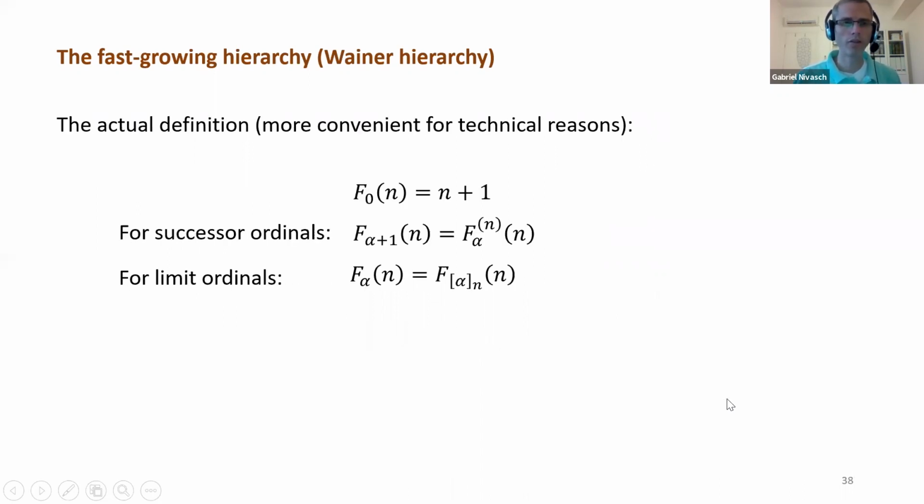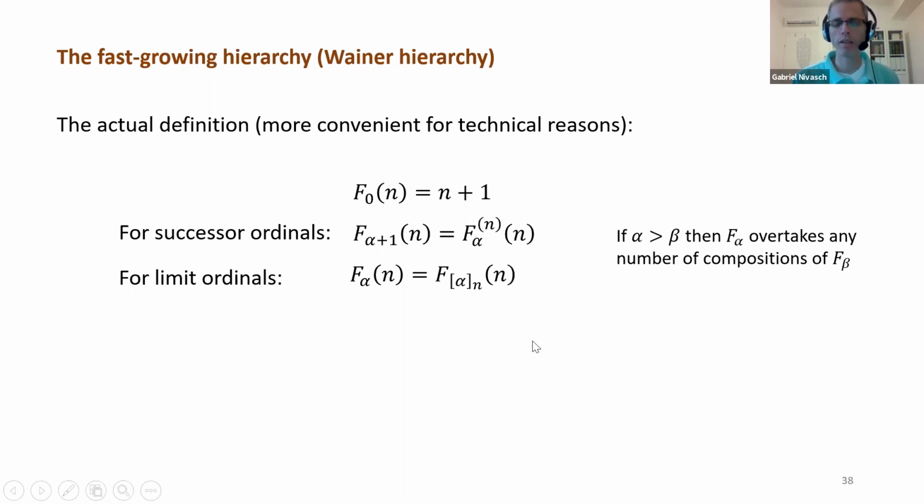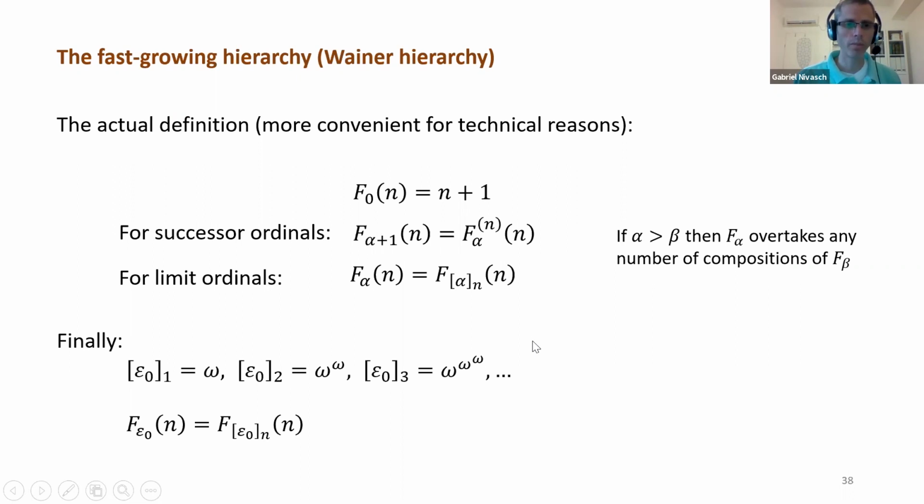But the actual definition that people normally use is slightly different, just for technical reasons. Instead of putting here 1, you put here an n, and instead of putting here 3, you put here an n, but it's basically the same thing. Okay, and for every two ordinals, alpha and beta, f alpha overtakes any number of compositions of f beta. And then to top this up, you take a canonical sequence that converges to epsilon 0, which is this tower of omegas, and you define f epsilon 0 of n to be this.